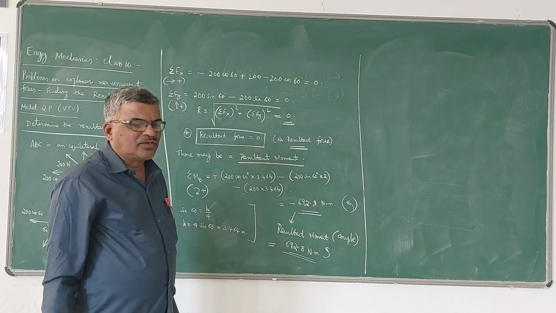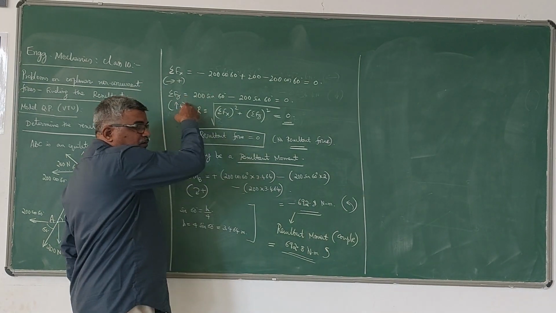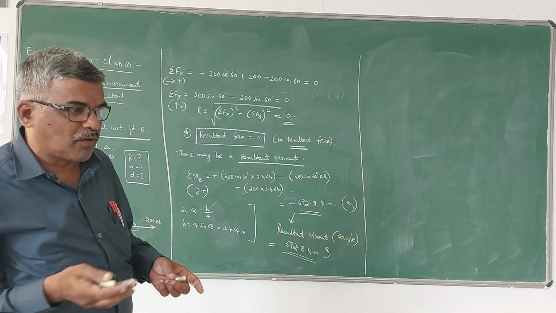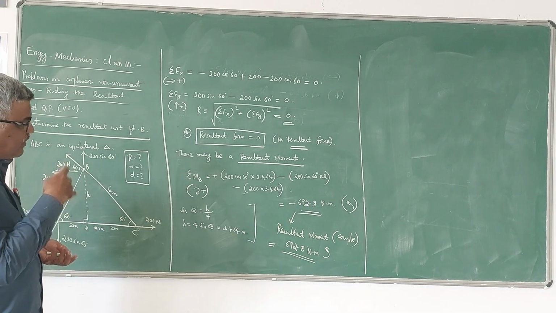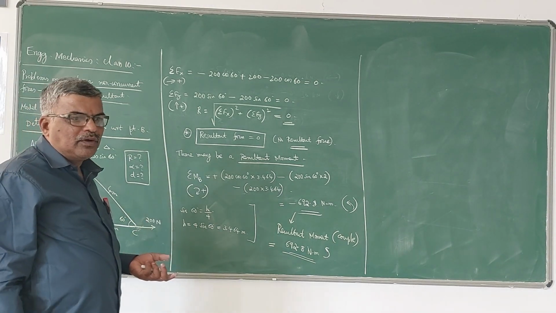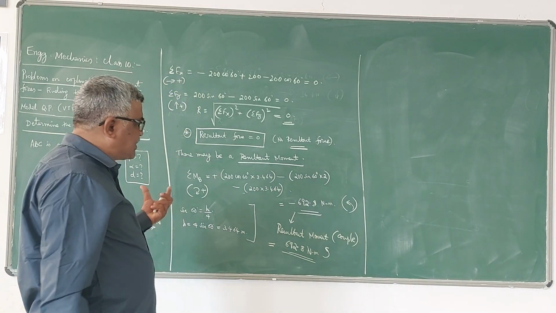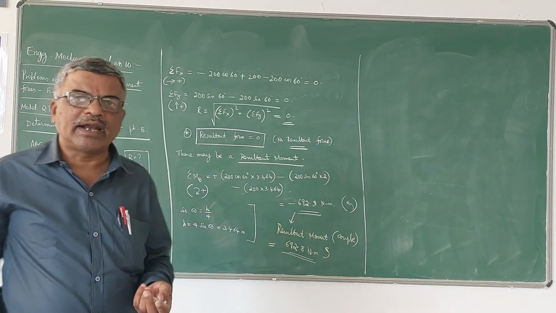That is the answer. So whenever in some problems you may get sigma fx 0, sigma fy 0, the meaning of that is the resultant force is 0. But the resultant may be a rotational effect also, because resultant may give translating effect as well as rotational effect. In this case, you have only rotational effect, there is no translating effect.